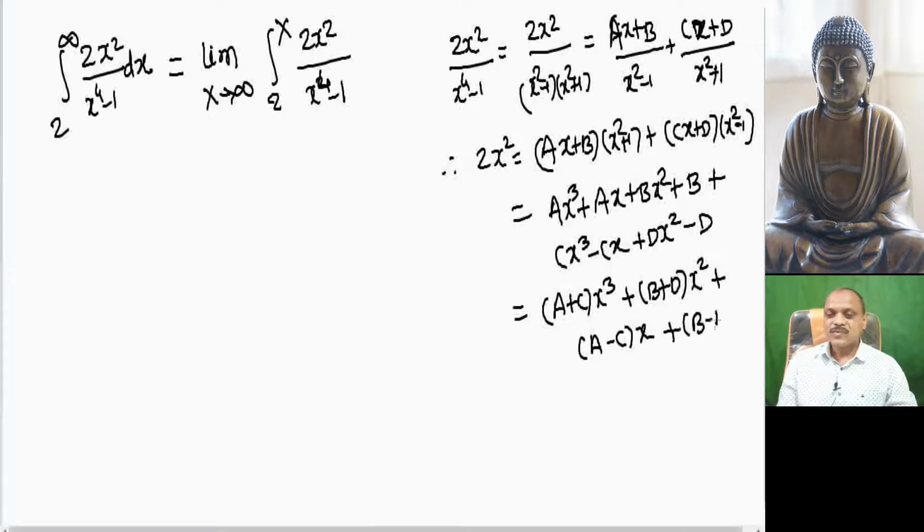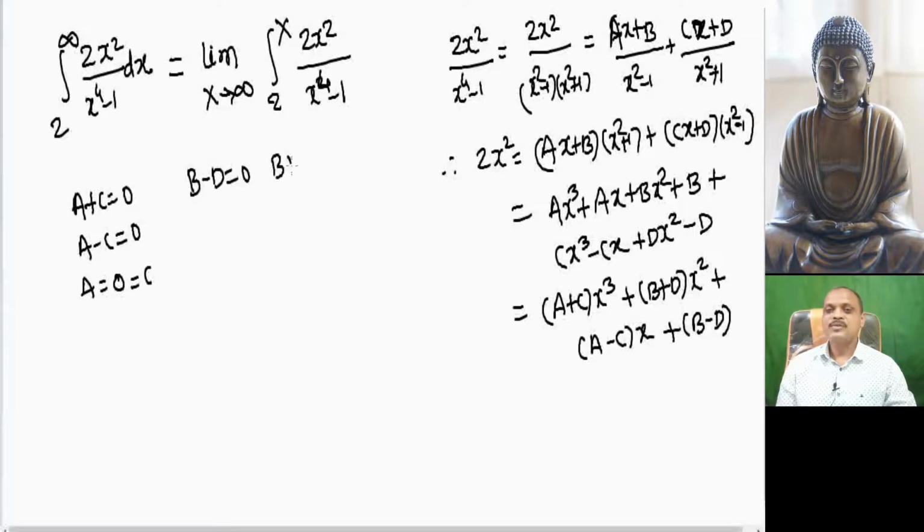Then you can see that we have the equations a plus c equal to 0 and a minus c equal to 0. That is, here we get a equal to 0 and c equal to 0. Another equation is b minus d equal to 0 and b plus d equal to 2.